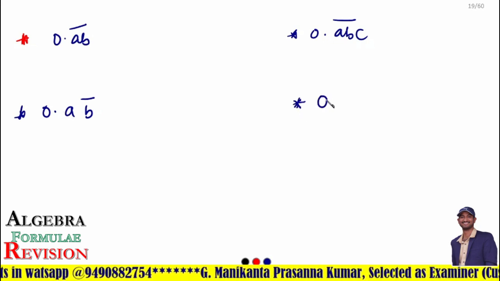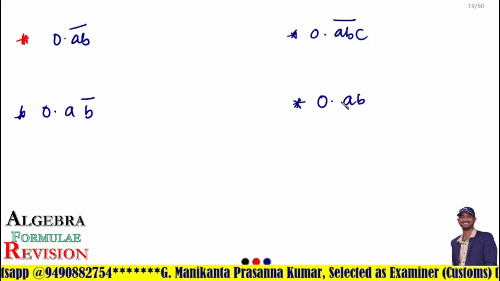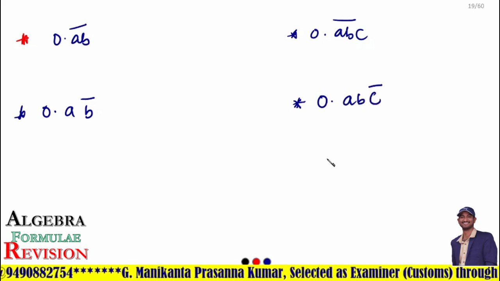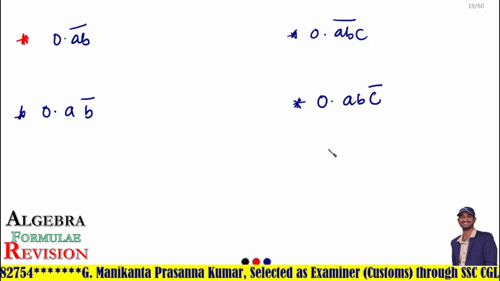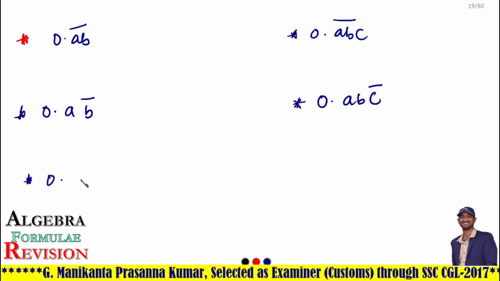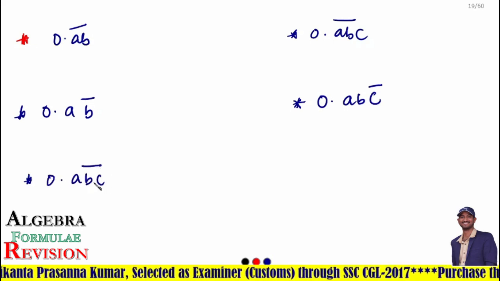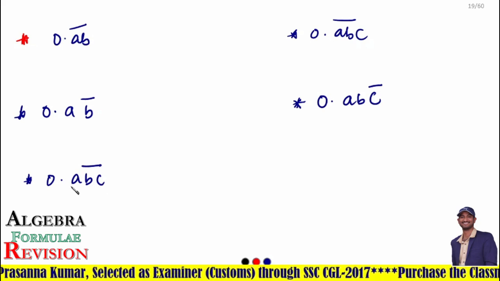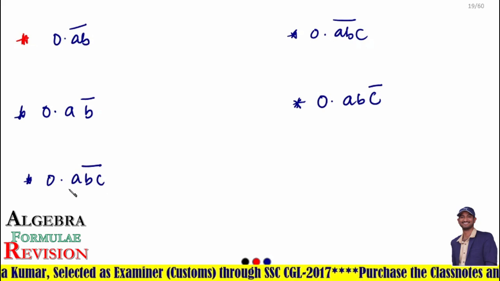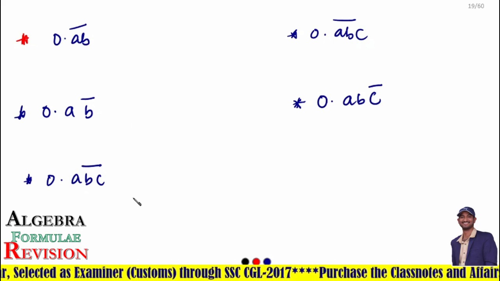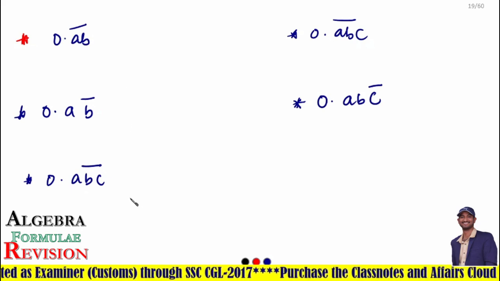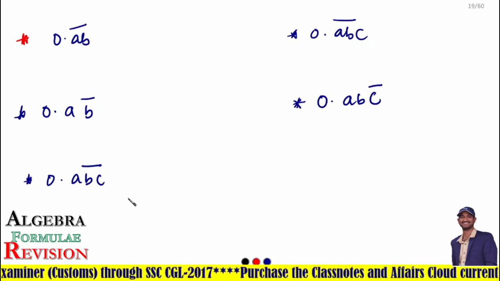Otherwise there are two numbers after the decimal and next we have a bar, 0.abc bar. We have a bar on two numbers after the decimal. Is it clear? These are some of the non-terminating and recurring decimals.